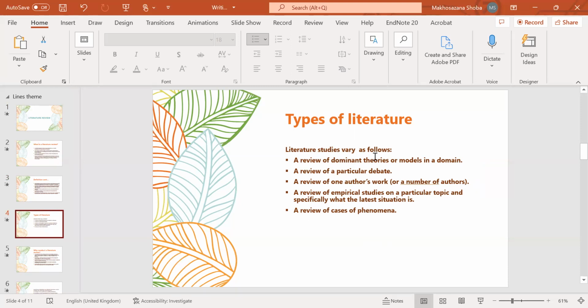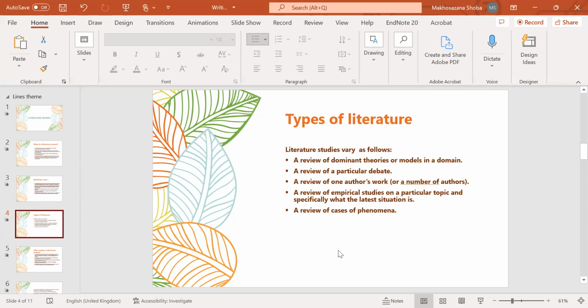You either engage, if your study is on building theories or on a particular theory, you will pursue studies on theories and models. If your study is on a particular debate, for instance, maybe there's a debate on student violence in higher education, you would want to review literature on violence and violence in higher education.